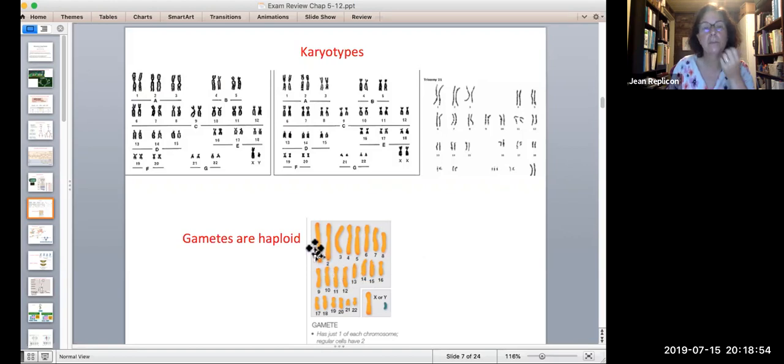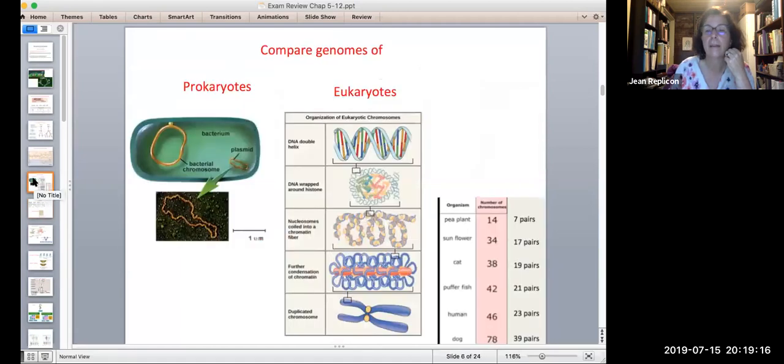So for humans, the normal number of chromosomes is 46. The number you can see here in the Down syndrome individual is 47, but normally it's 46. But the gametes have half the number. And so whatever species it is, the gametes will be half that number.